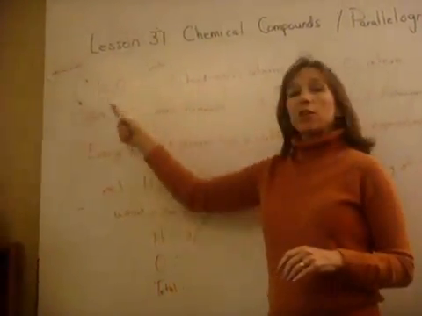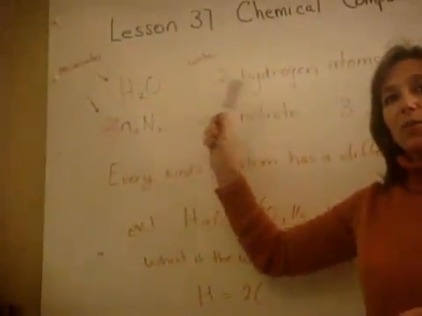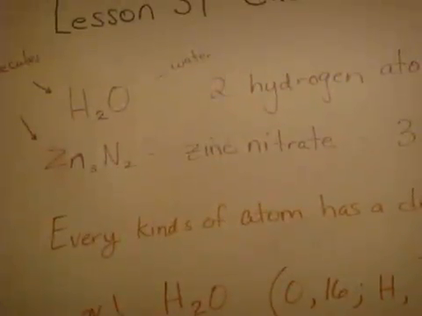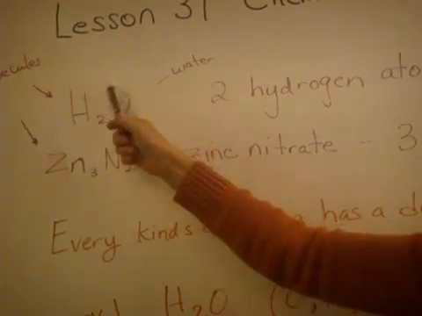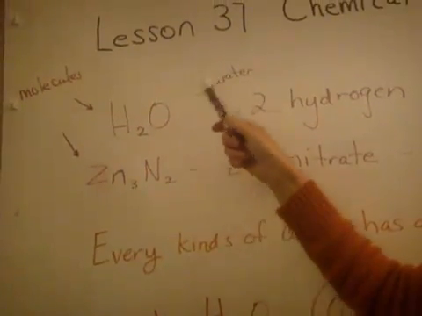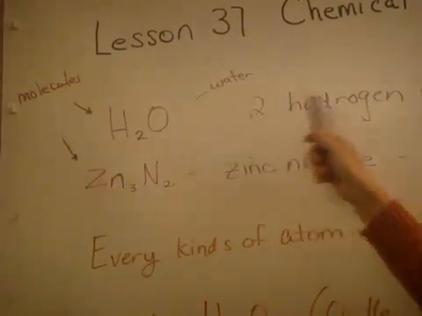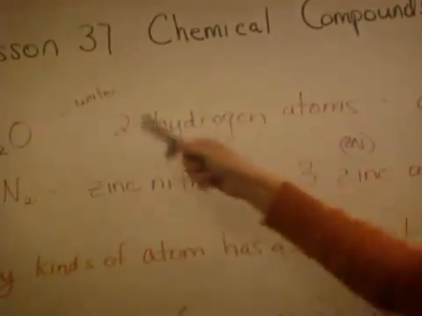Up here, you've probably heard of this before, H2O, which stands for water. That's the chemical name for water. This is a molecule, H2O, and it's broken into atoms. There's 2 hydrogen atoms and 1 oxygen atom in a water molecule.